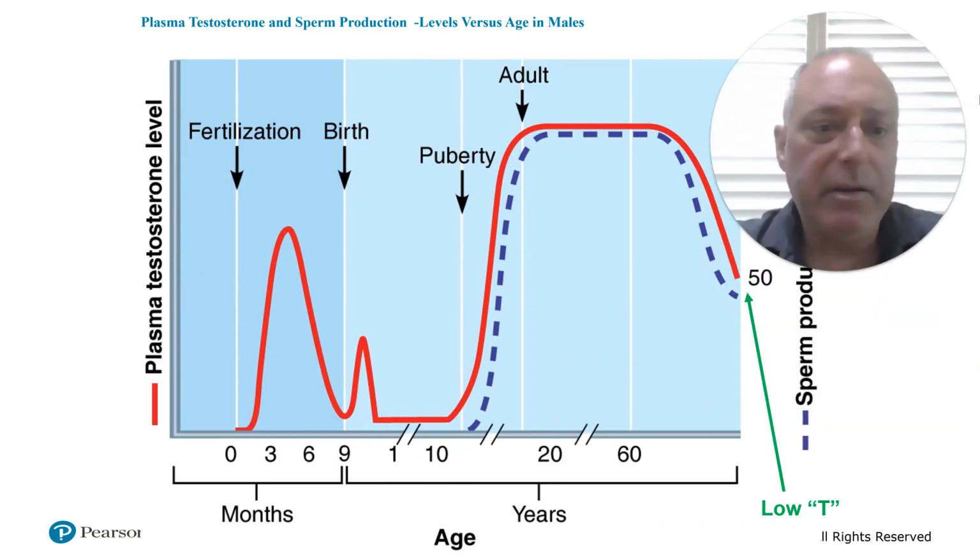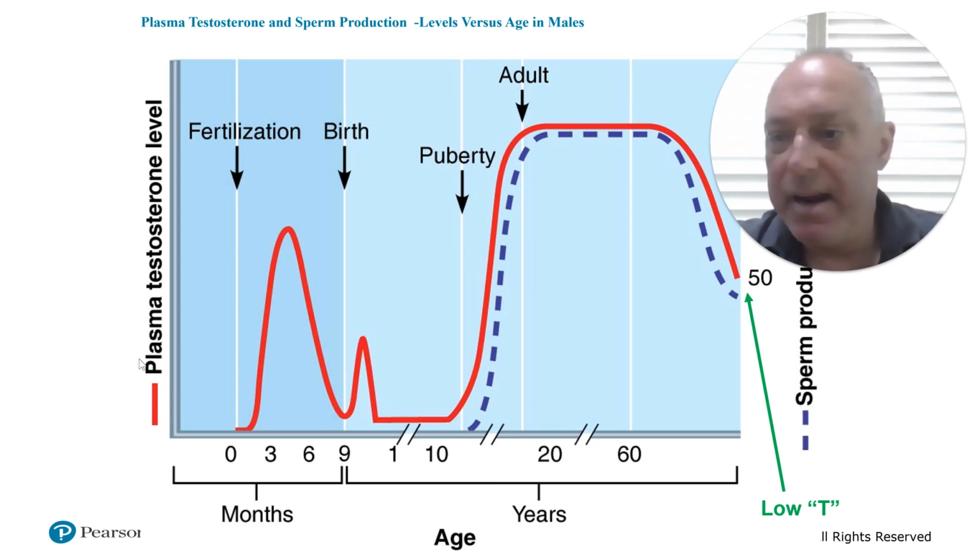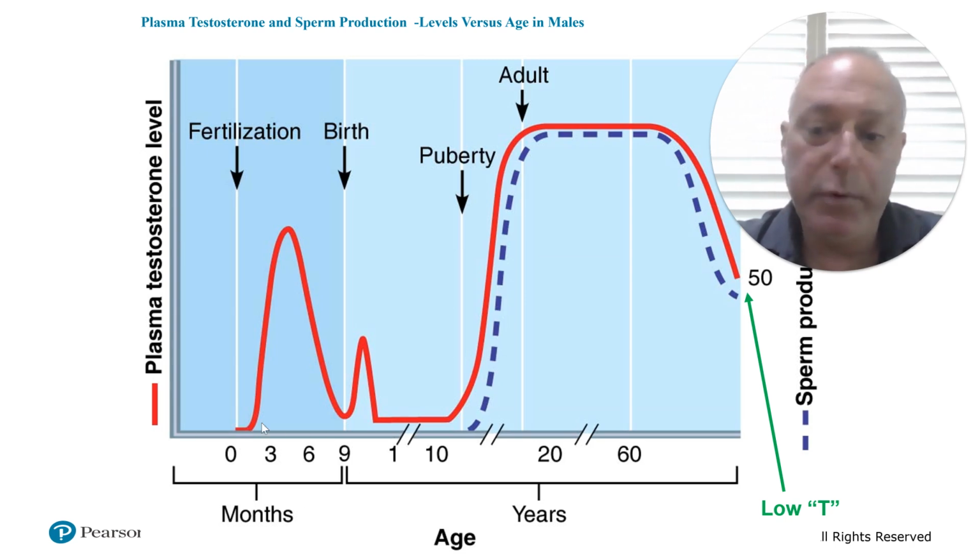There is a level of testosterone in the plasma that is maintained through the lifetime of the male. And so we have here months and years in age on your x-axis and plasma testosterone levels on your y-axis. The first portion would be in utero when we're still in your mom.